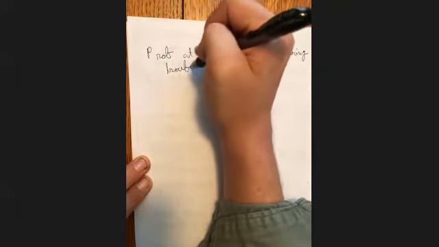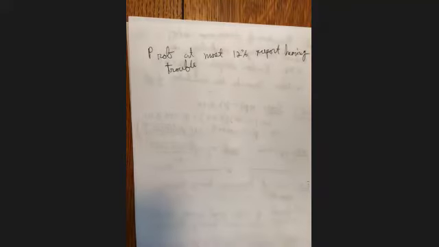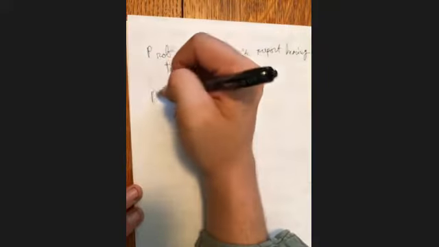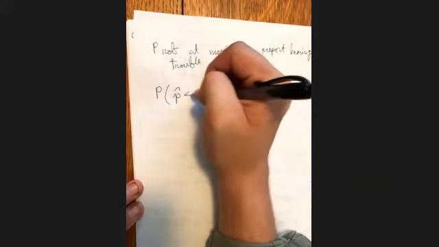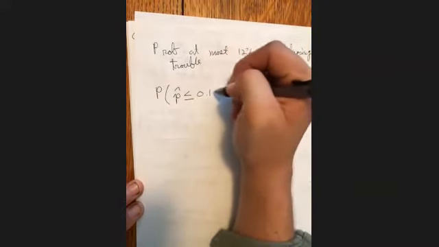Okay. So if we translate that into mathematics, we say that's the probability that p hat is less than or equal to 0.12.